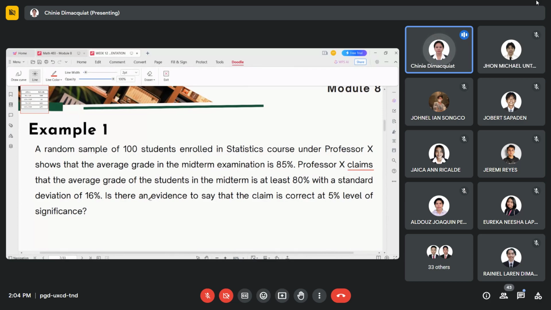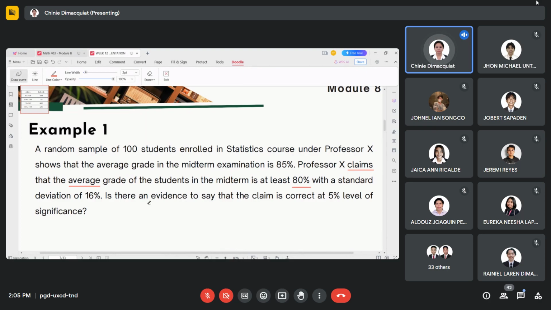So claims that average grade, so therefore test on the mean, grade of the students in the midterm is at least 80% with a standard deviation, ito yung population standard deviation na 16%. So may nabanggit na 80%. Kine-claim niya na yung average grade ng students sa midterm ay at least 80%.